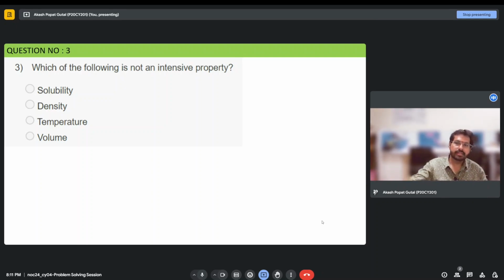the substance inside the system. So the same thing, the solubility, we can define it per unit quantity. Density also we define as per unit mass. All of these don't depend upon the number or the size of the system.